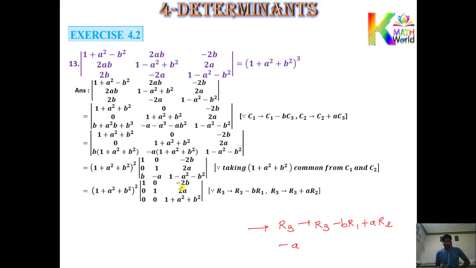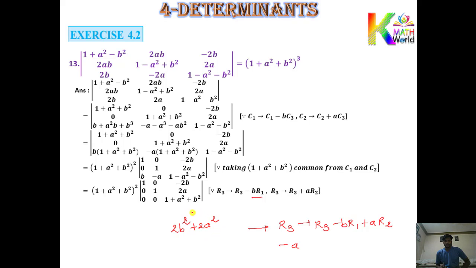Okay, so same way for these elements. Firstly this got multiplied by which one? You can see here minus b, so minus 2b into minus b, minus times minus, you got 2b square. Same way R2 got multiplied by a, so 2a into a, you got 2 times a square.